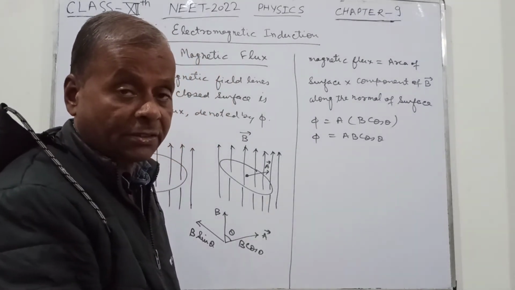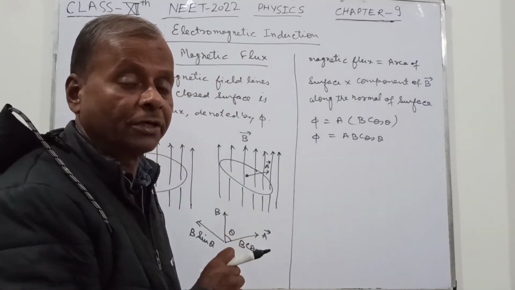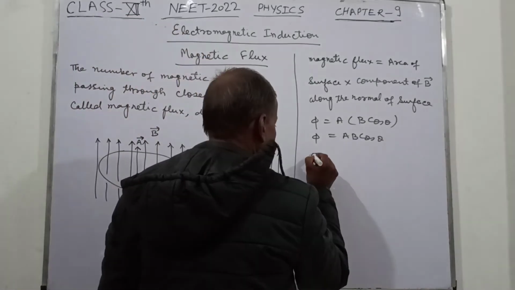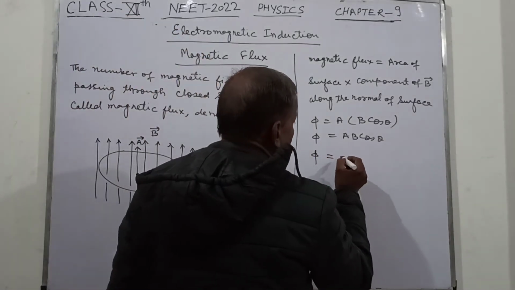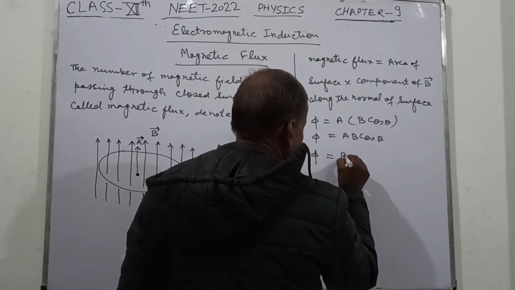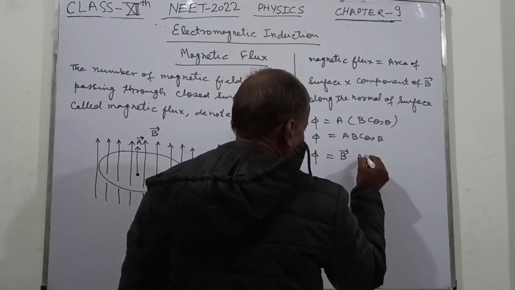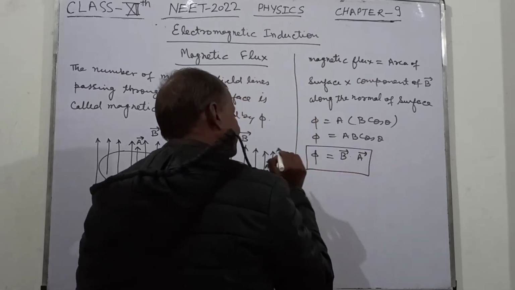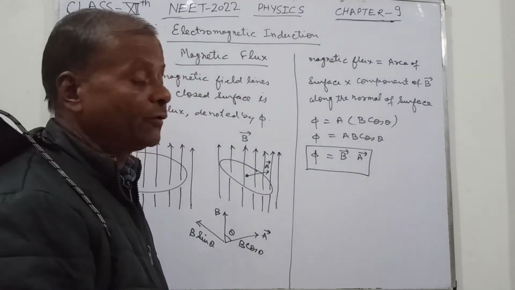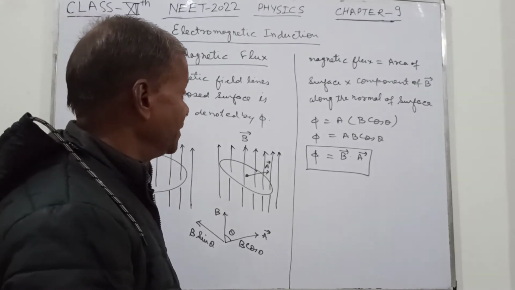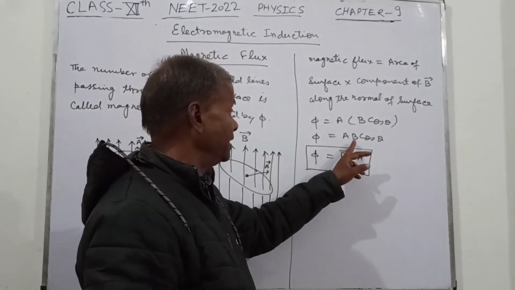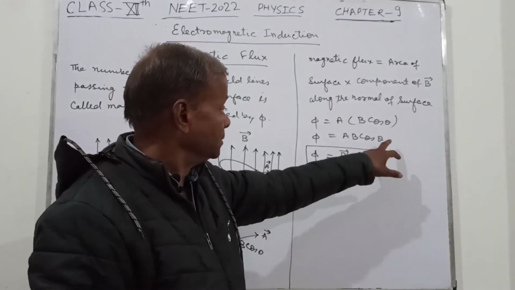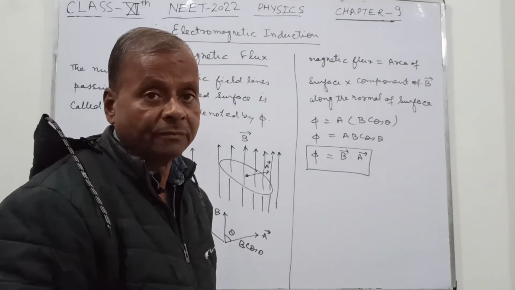And this is the scalar product, or the dot product, of the two vector quantities A and B. So phi is equal to B dot A. From here you can see that the flux phi depends upon the area, the magnetic field, and the angle theta between them.